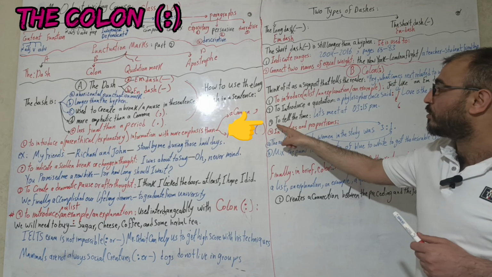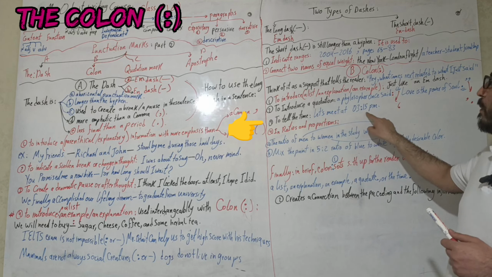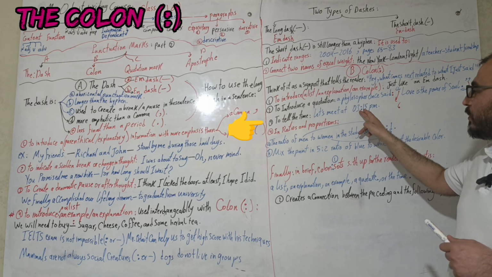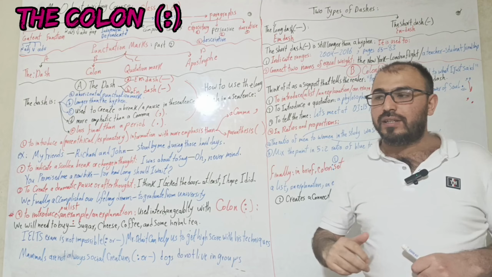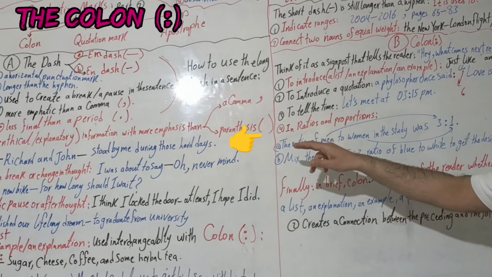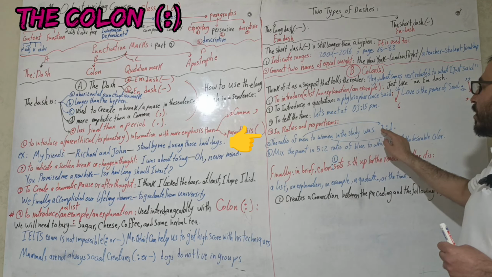In here, my friends, to tell the time: let's meet at 3:15 p.m. And in here, we separate the hours from the minutes using the colon. And finally, my friends, we use the colon in ratios and proportions. Consider these examples: the ratio of men to women in the study was 3:1.